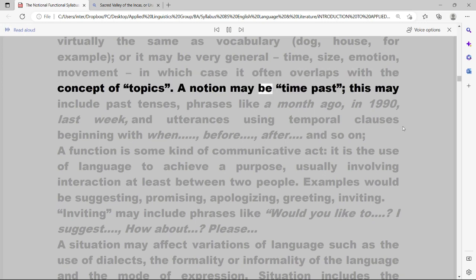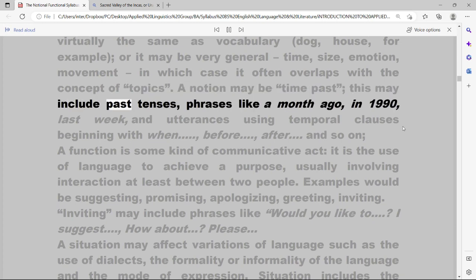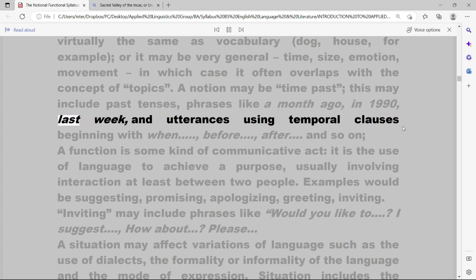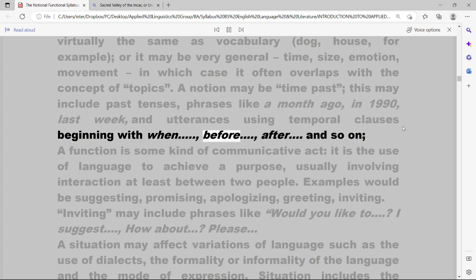A notion may be time past. This may include past tenses, phrases like a month ago, in 1990, last week, and utterances using temporal clauses beginning with when, before, after, and so on.